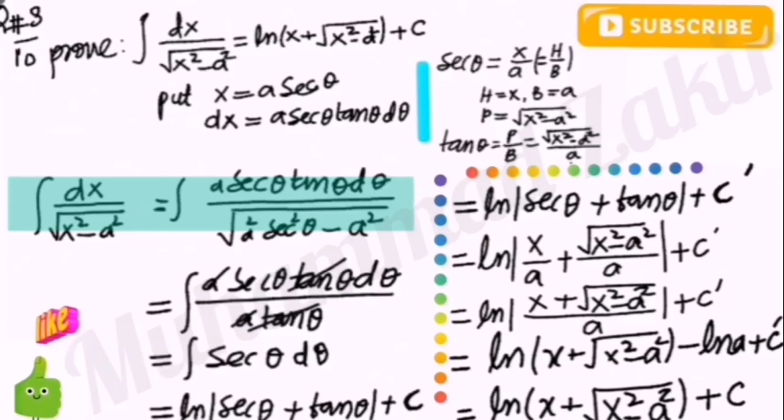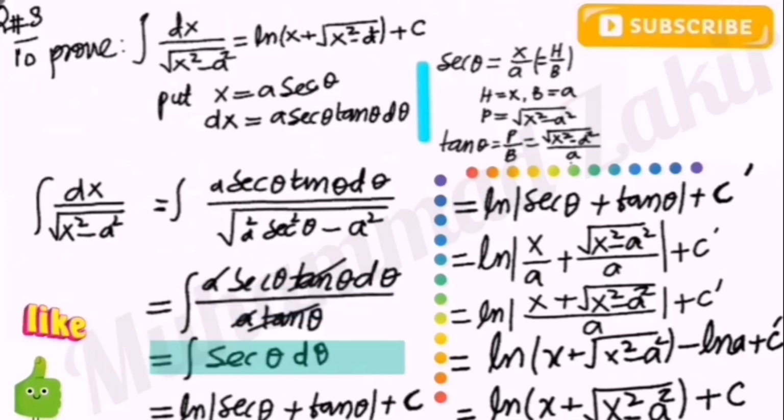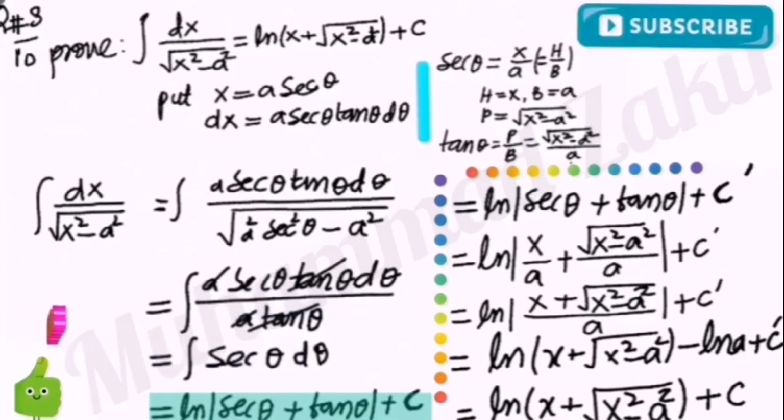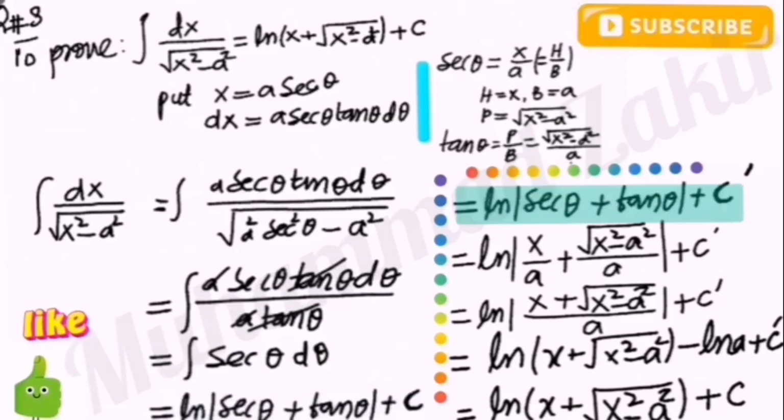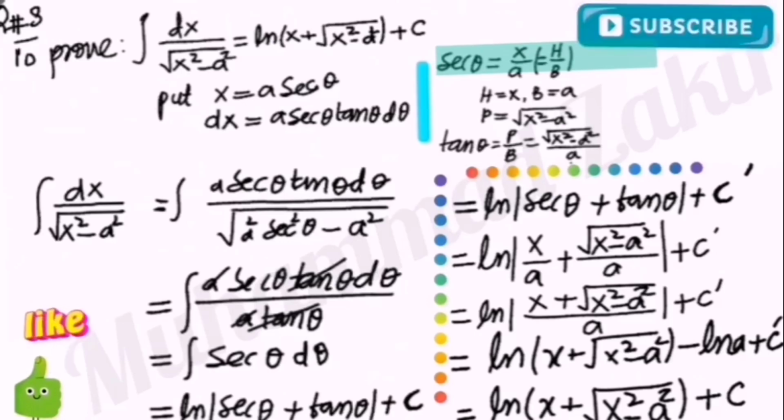Secant square minus 1 becomes tan square. A square tan square removes the root, and root and square are cancelled, so we have a tan theta in the denominator. A tan theta from numerator cancels out denominator a tan theta, and we have to integrate simply secant theta. Integration of secant is natural log of secant plus tan plus c prime we write.